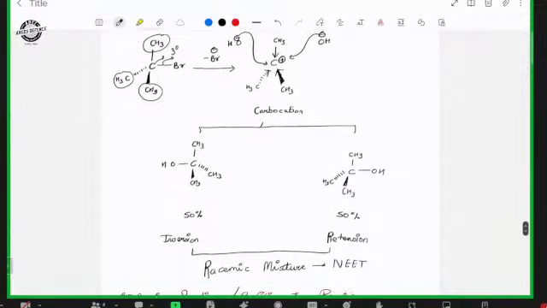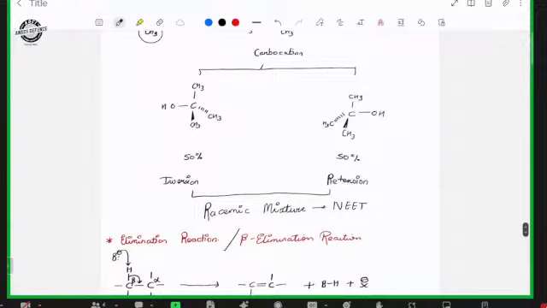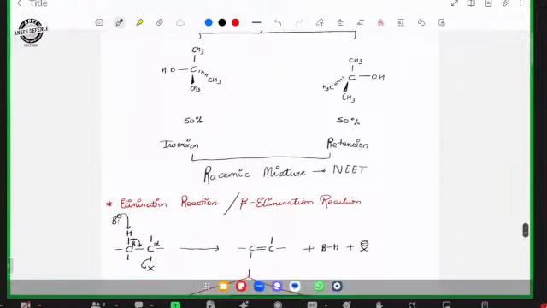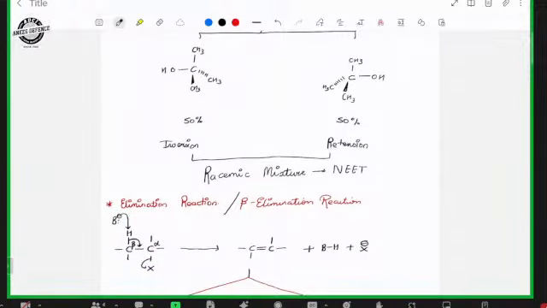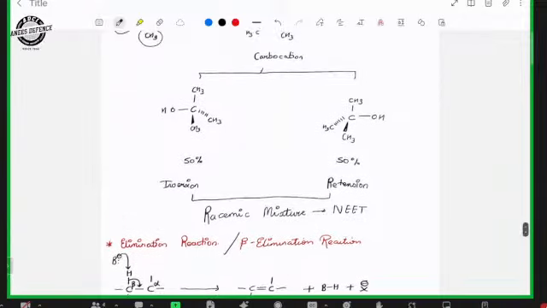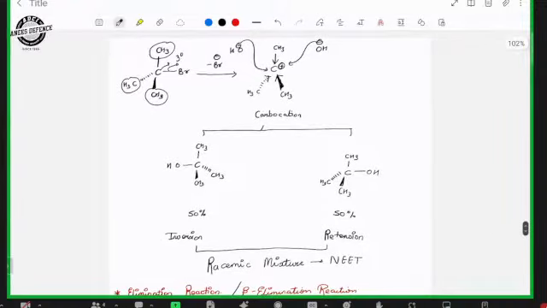Done. And in SN1, we are getting a racemic mixture. What do you mean by racemic? There is 50-50% formation of inversion as well as retention. What do you mean by retention? If you look into the starting reactant, you can see Br is present on my right side.